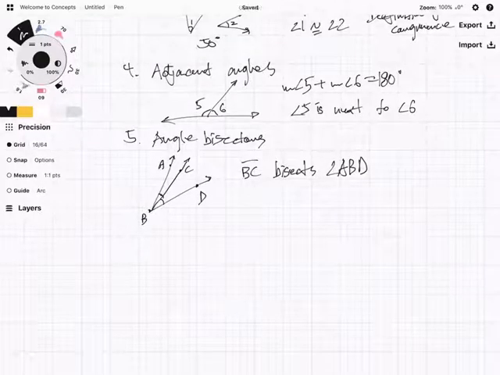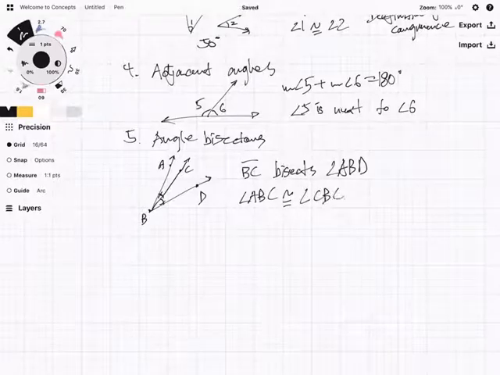This just means that it creates two equal angles. As you can see here, angle ABC would be congruent to angle CBD if line BC bisects angle ABD. So that really is just the basic idea of what an angle bisector is.